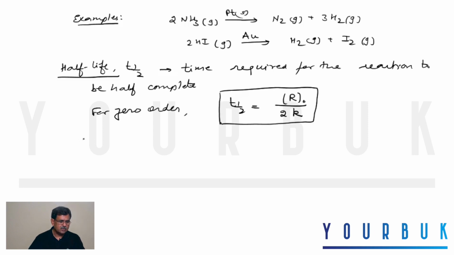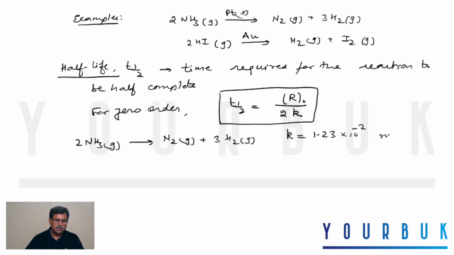Now we discuss one question. Suppose this is the reaction given: decomposition of ammonia into N2 gas plus 3 hydrogen gas, and this reaction has a rate constant equal to 1.23 into 10 to the power minus 2 moles per liter per second.